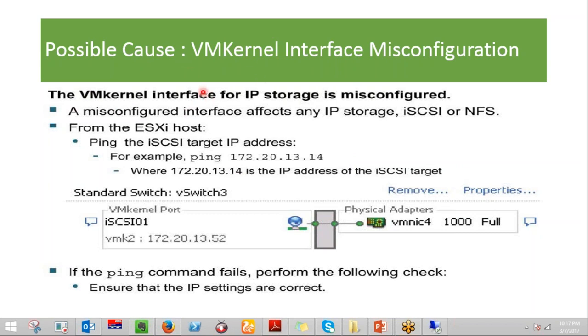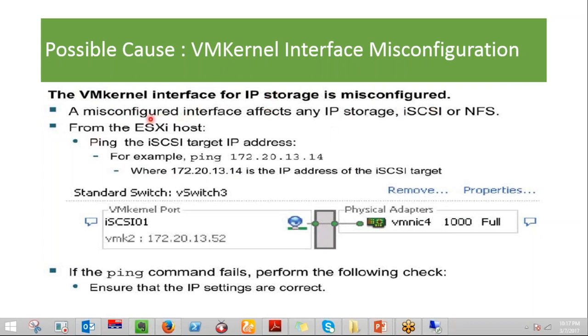So one of the possible causes for your ESXi disconnecting from your IP-based storage is VMkernel interface misconfiguration. This one I have already explained. However, let me go through here. The VMkernel interface for IP storage is misconfigured.